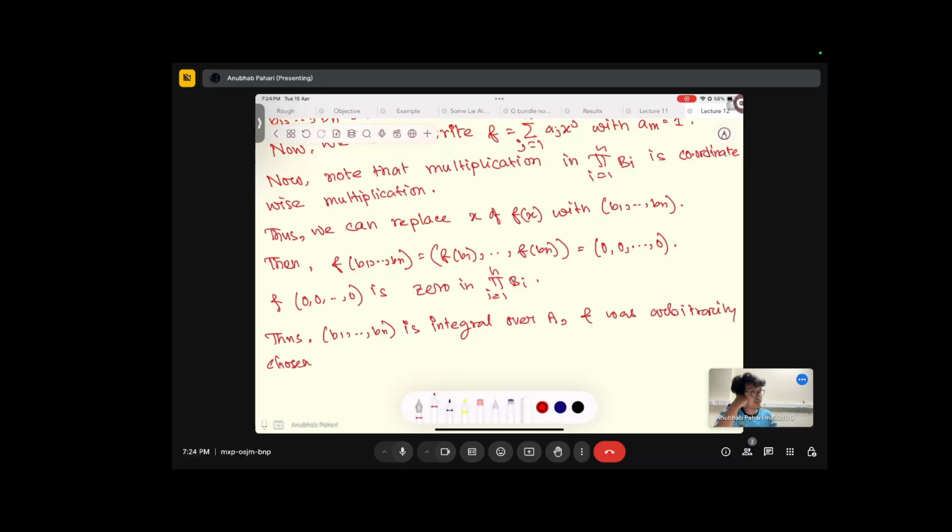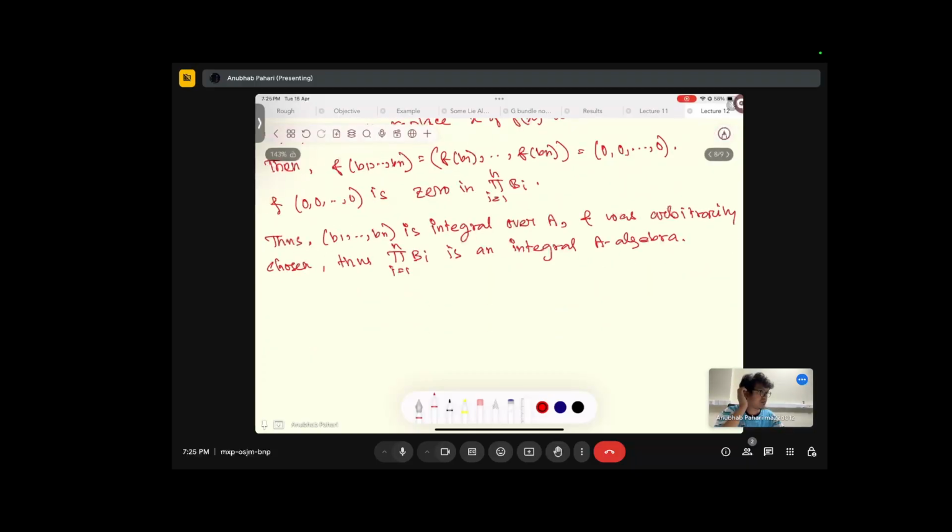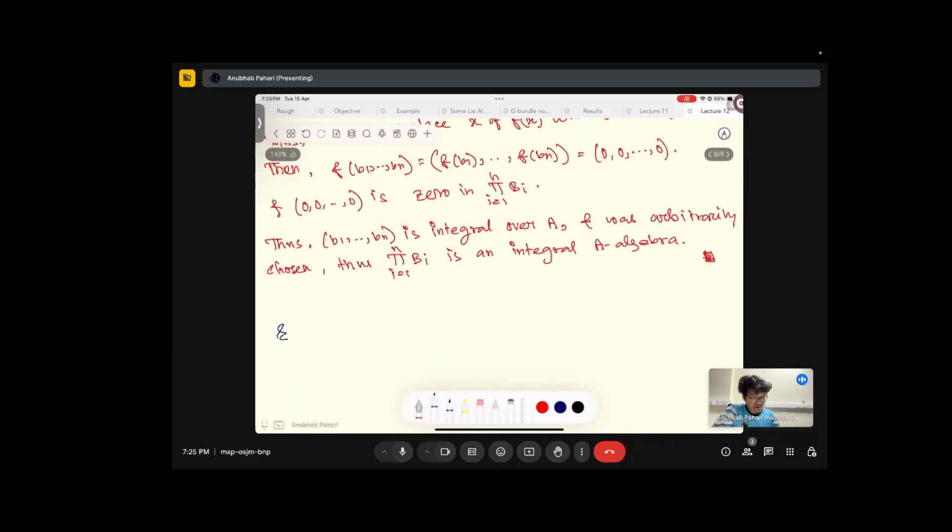Thus the product of Bi is an integral algebra. So we are done. Now we'll be doing one more problem and then we'll wrap up this session and also wrap up this TA classes.